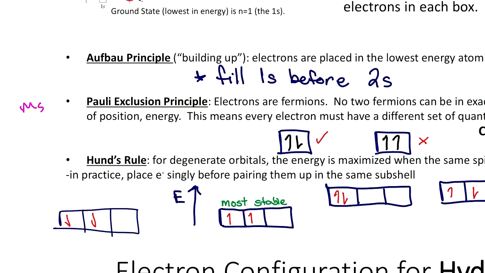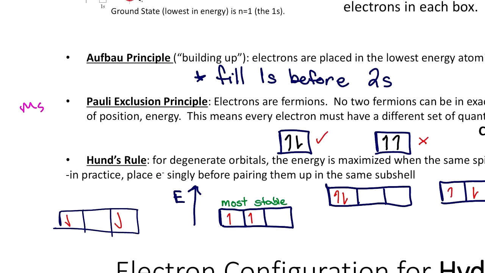That's okay. What if I put this electron over here? Is that okay? It actually is still okay. I'm still spreading out those electrons, and I'm still maximizing the spin. It's just that for some reason we like to place electrons left to right because we read left to right.